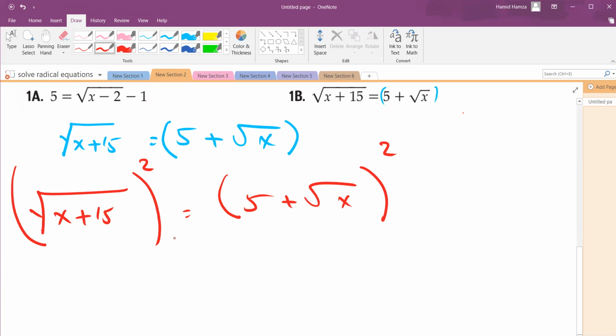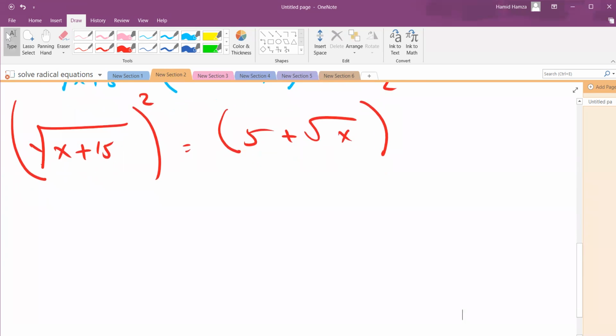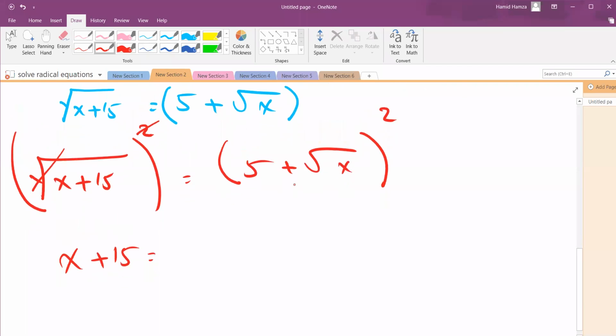Okay, guys? The first part: the power 2 and the root eliminate each other, so the remaining will be x plus 15. Here we use our rule to expand this bracket.